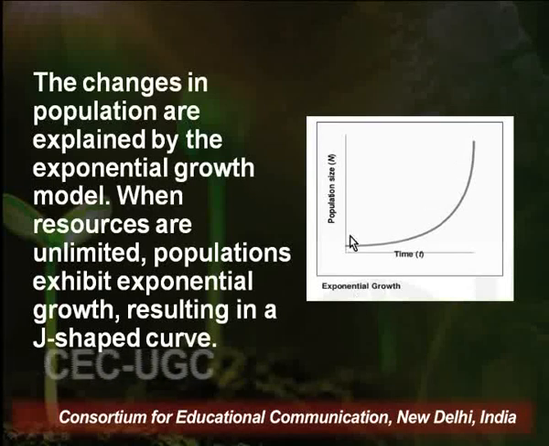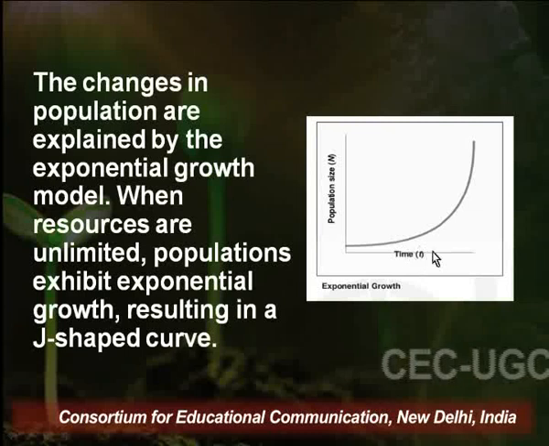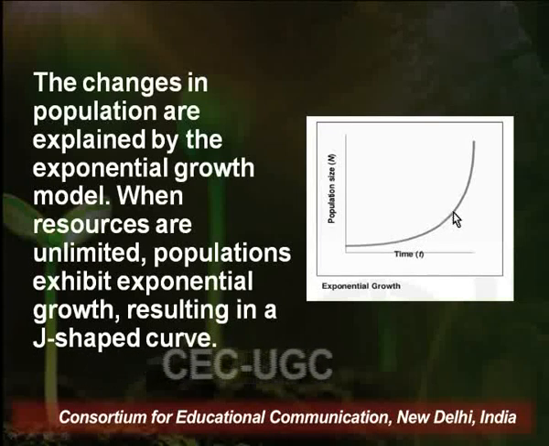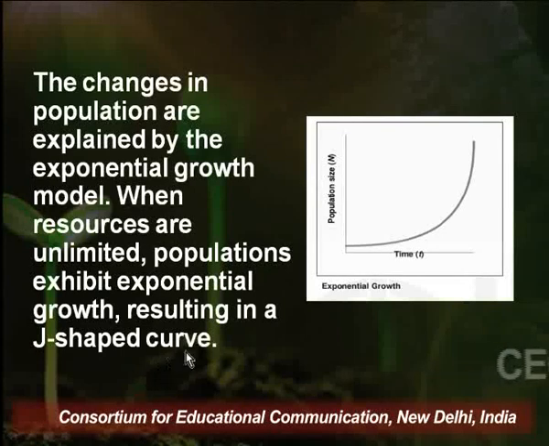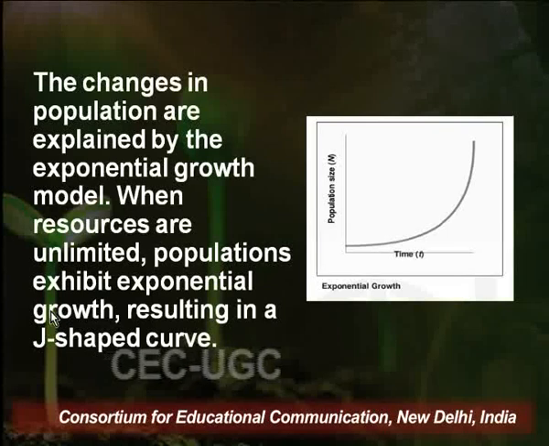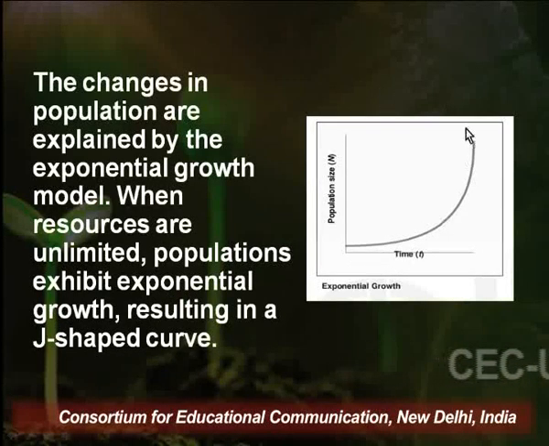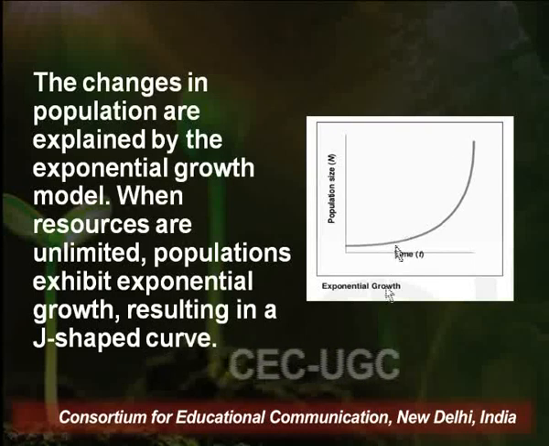That is, you can see the population is plotted on the y-axis and time on the x-axis, and this graph shows that the population with time is increasing exponentially because the resources are unlimited and there are no limiting factors in the population. This results in a J-shaped curve. Any population with such exponential growth shows a J-shaped curve.